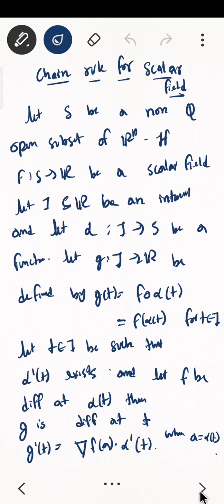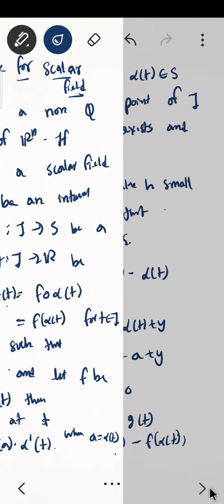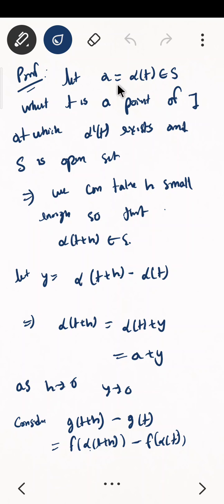Correct? So see here also your g of t is in one variable where t belongs to R. So I am relating g with respect to a function which has n variables. Started with let e equal to alpha of t. Then we consider y equal to alpha of t plus h minus alpha t. As h tends to 0, y tends to 0. So either you put h to 0 or y to 0, it doesn't matter. Consider g of t plus h minus g of t, that will be f of alpha t plus alpha h.